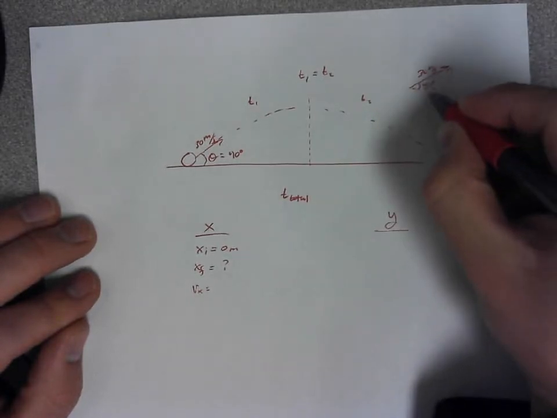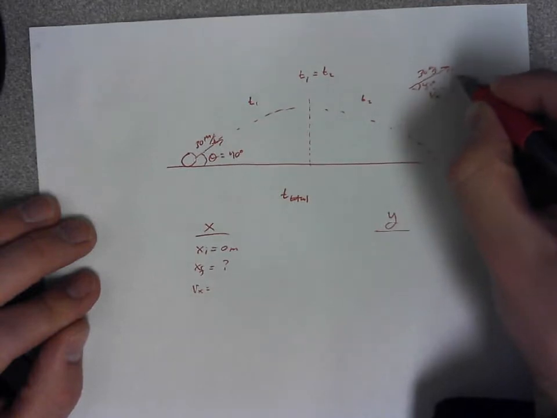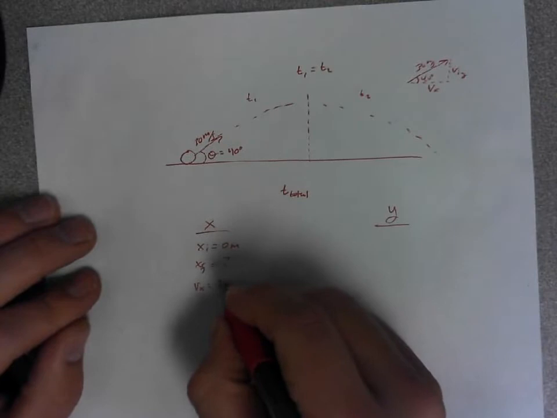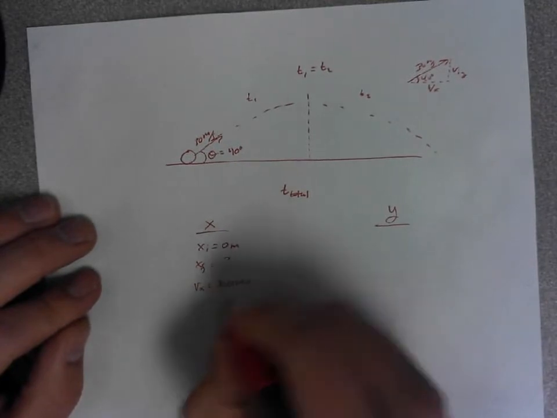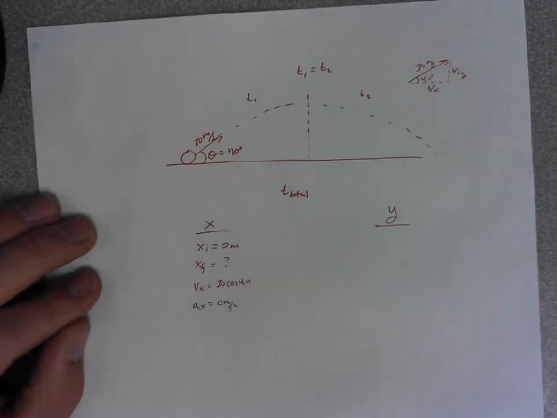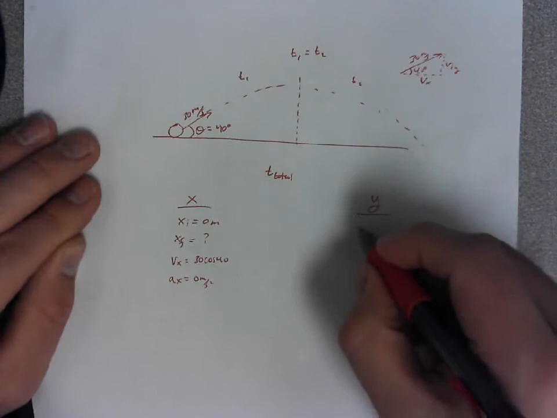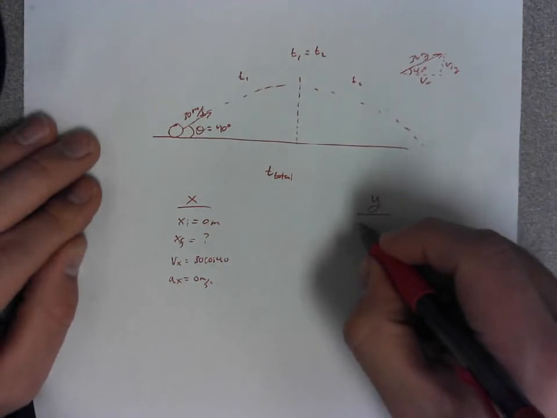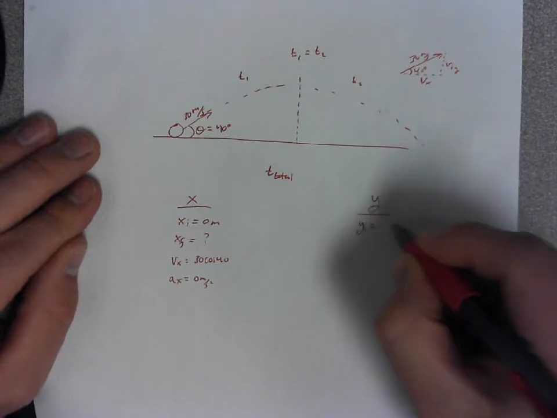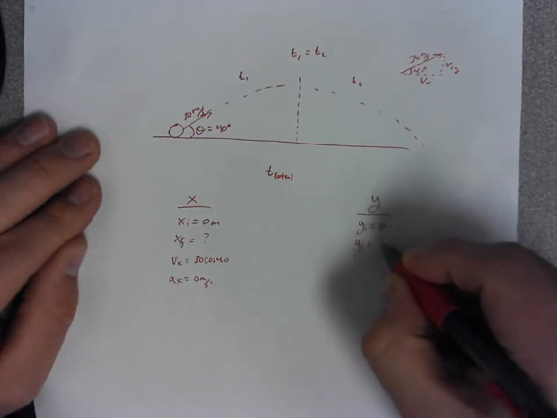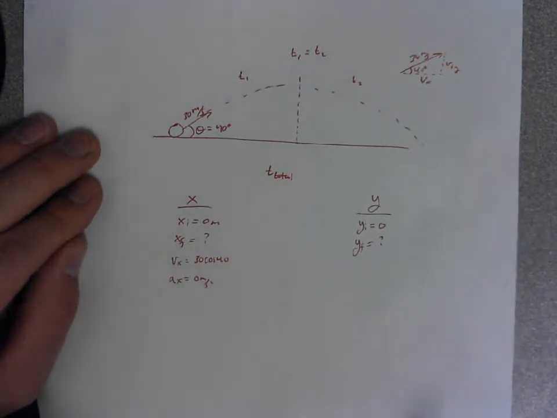Make my triangle, this is Vx, and that's my Viy in this case. So Vx is going to be 30 cosine 40, and ax is going to be 0 meters per second squared. Now for my y, y initial is going to be 0. My y final, I don't know how high off the ground it is.